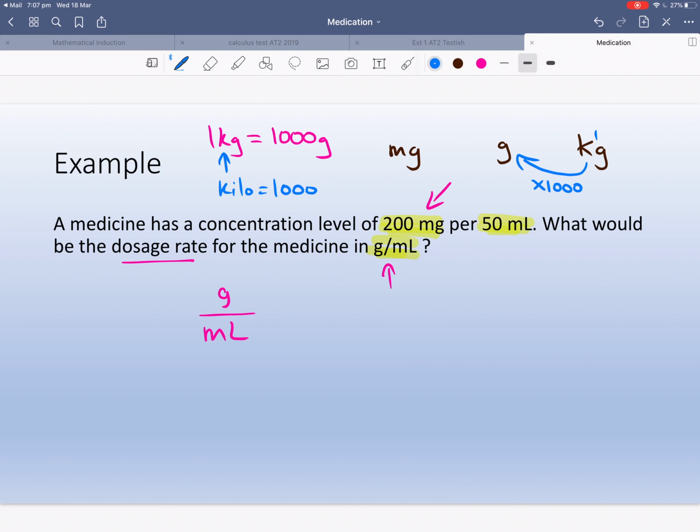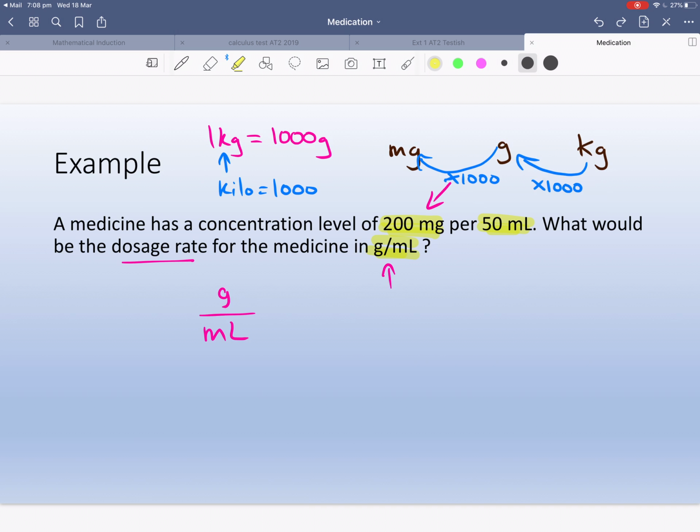And then the arrow, because it's forming that way, will go this way again, and we'll multiply it by 1,000. The reason for that is that 1 kilogram is 1,000 grams. So to convert from kilograms to grams, we have to multiply by 1,000.